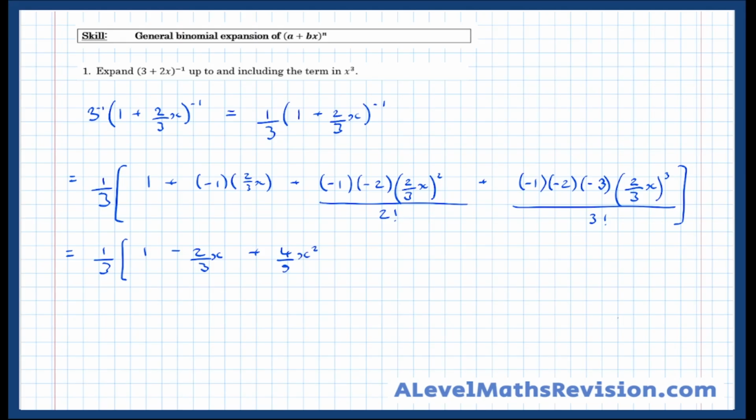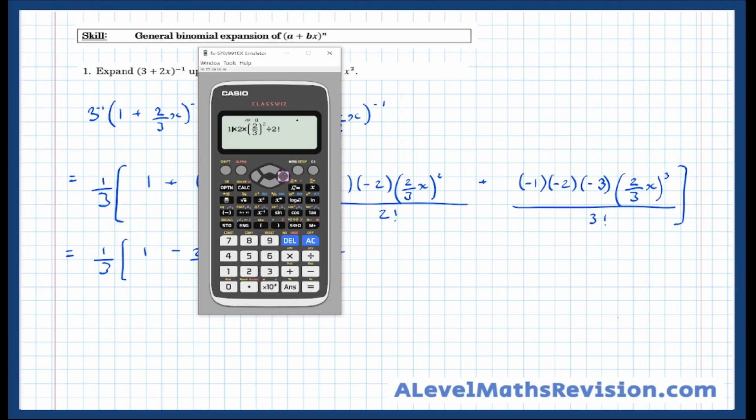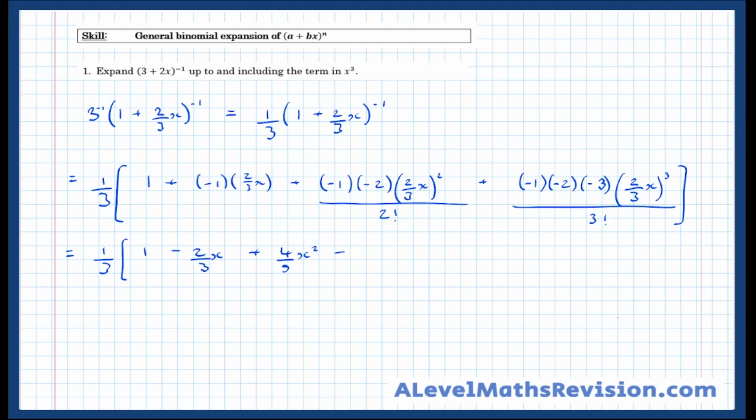x squared. Then count the minus signs. I can see there I've got 1, 2, 3 minus signs. 3 minus signs make a minus, and then again just type it blindly into the calculator so I can modify what I've got. 1 times 2 times 3 times 2/3 cubed divided by 3 factorial, 8/27.